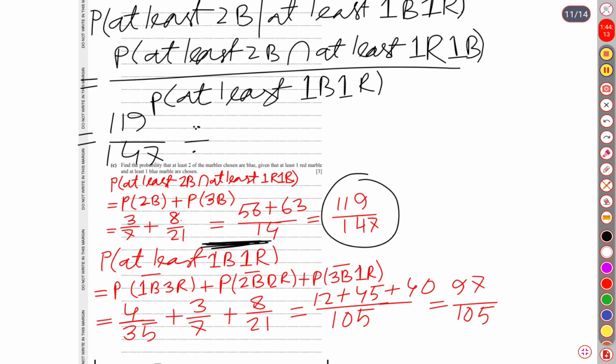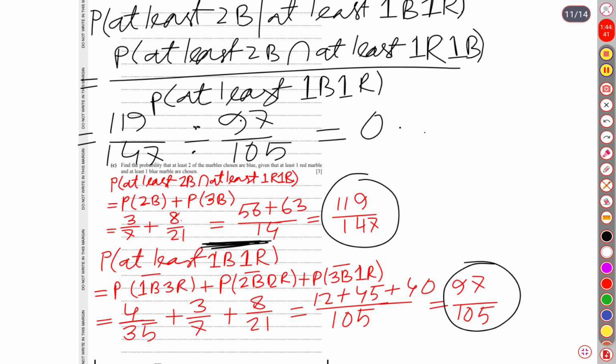The denominator is going to be the probability of at least one blue and one red marble, which is 97 over 105. Now if we divide the first quantity by the second quantity, 119 over 147 over 97 over 105, it is going to be 0.876. That is our probability, the final answer.